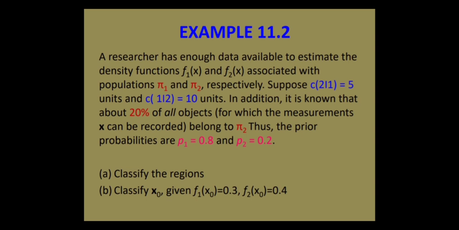Okay, suppose that the cost of misclassification into second population when it comes from the first population is 5, and the cost of misclassification into pi1 when actually it is pi 2 is 10. In addition, it is known that about 20% of all the objects, ataupun all the observations, belong to pi 2.